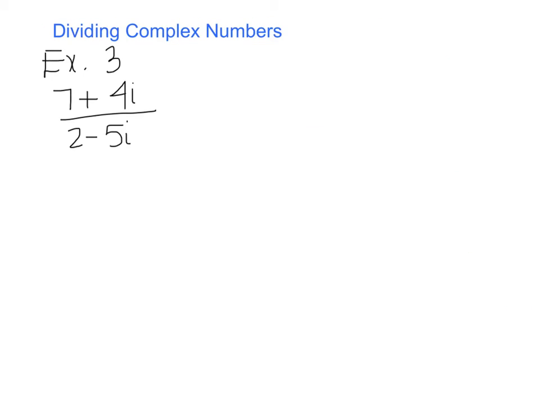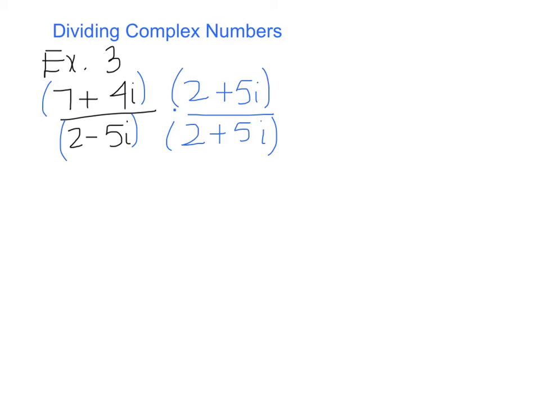Okay, with dividing, what we're going to do is multiply by the conjugate. And the conjugate, you're going to multiply by the conjugate of the denominator, which will be 2 plus 5i. Do not change the real number. You change the imaginary part. And you have to do the top and bottom. And what you're going to do is FOIL them.